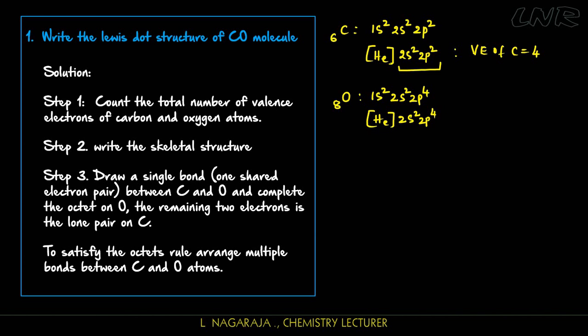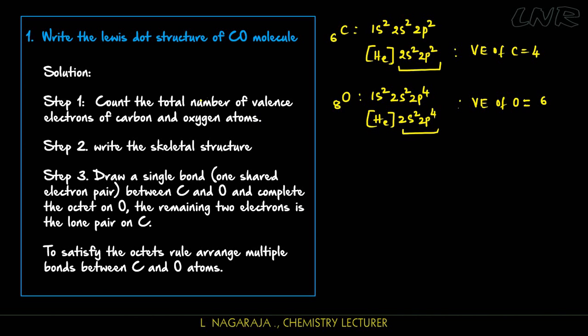That is the electronic configuration of oxygen. So the valence electrons, the number of electrons in the outermost orbital, is 4 plus 2. Finally, it has 6 valence electrons.